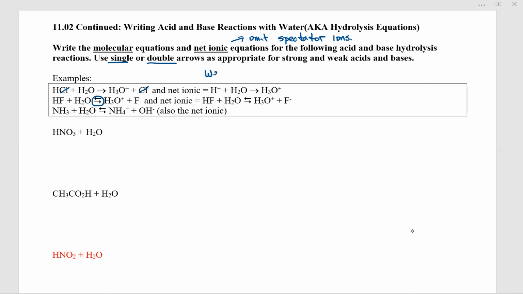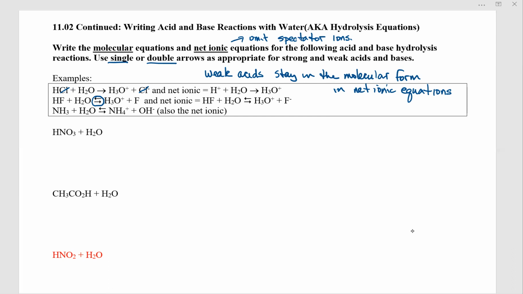So remember, weak acids stay in the molecular form in net ionic equations. So in this case, our net ionic equation would be the molecule HF plus H2O being in equilibrium with the hydronium ion and fluoride ion.